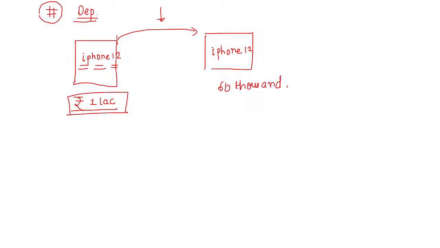What is happening, students, in the market? Each and every day new models launch with new features. That is the reason the old machine or the old gadget's price reduces. Correct? This is nothing but depreciation. This is called decrease of money value, decrease of value of any given machine or gadget.